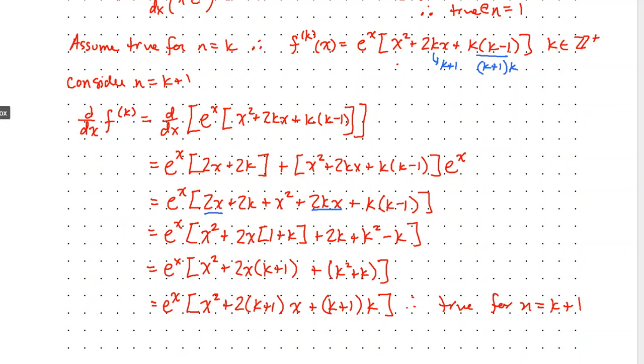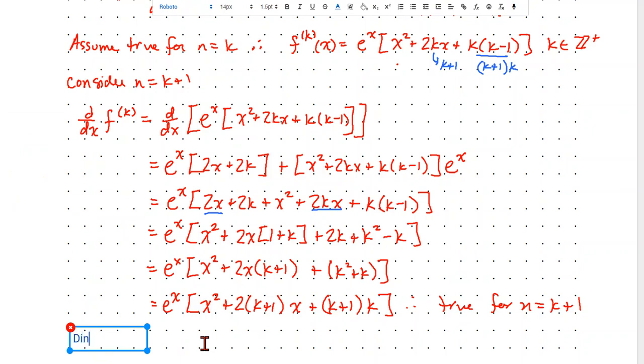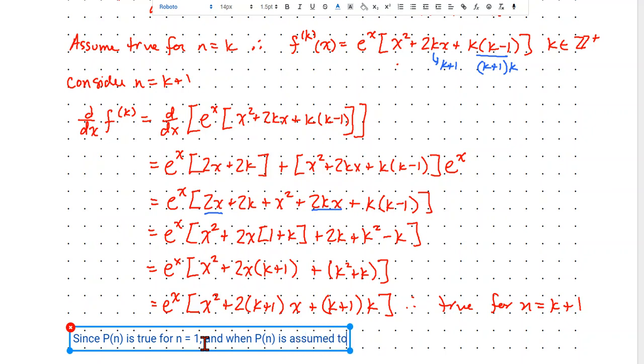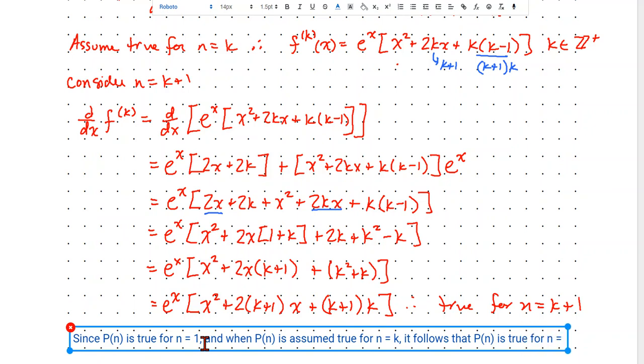Then all that's left to do is put in my conclusion statement. Since P of n is true for n equals 1, and when P of n is assumed true for n equals k, it follows that P of n is true for n equals k plus 1 by the principle of mathematical induction.